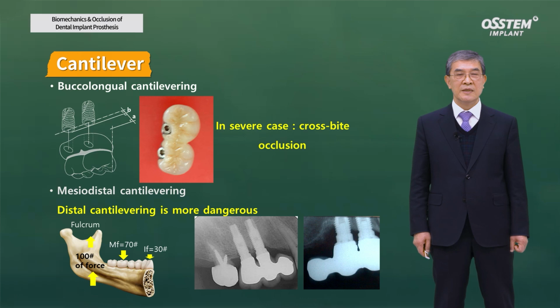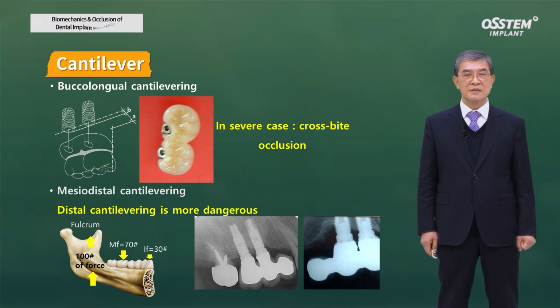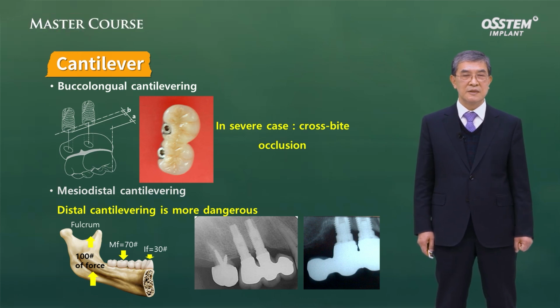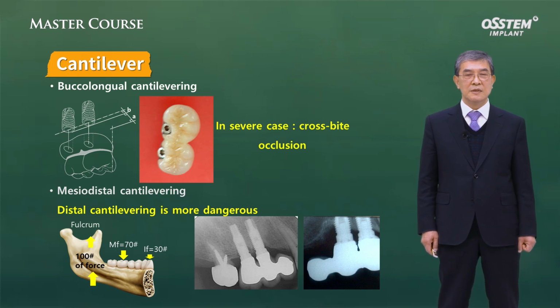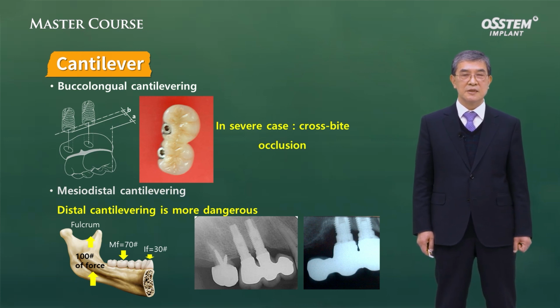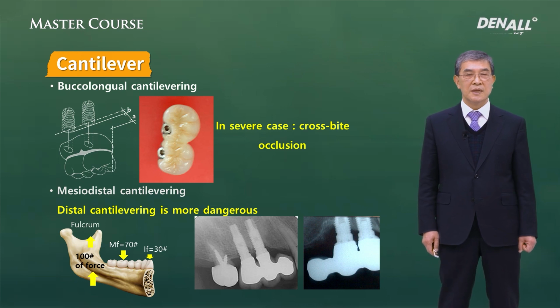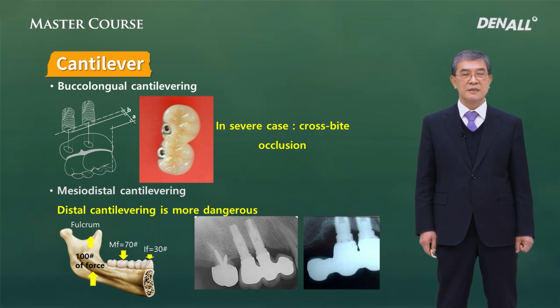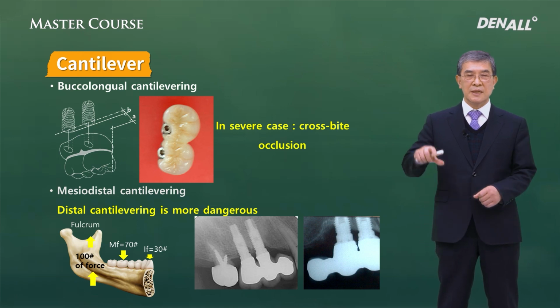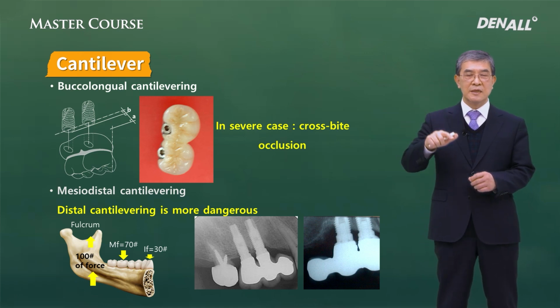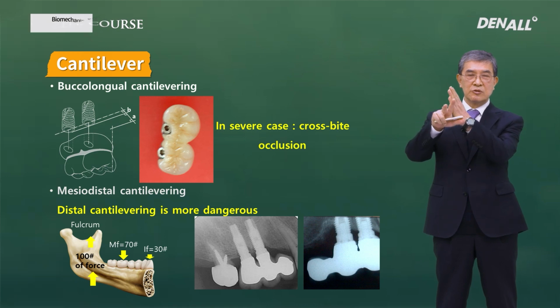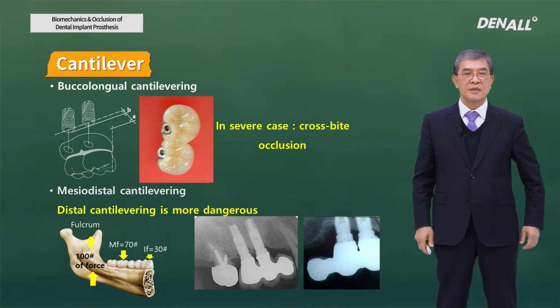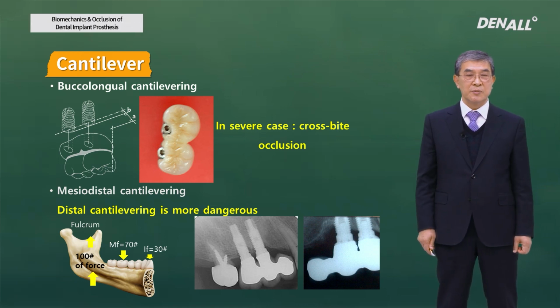There's also mesiodistal cantilevering. In this case, it will be better if 3 implants could be placed, but at times you only need to place in one place and need to do cantilever. If you look at the cantilever design in the lower, when there's mandibular movement, the masseter muscle is towards the back. If you look at the figures, it is 100 in the ramus area, 70 in the molar area, and 30 in the anterior area.